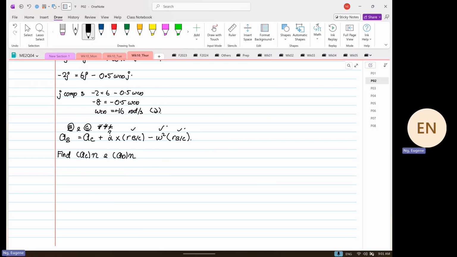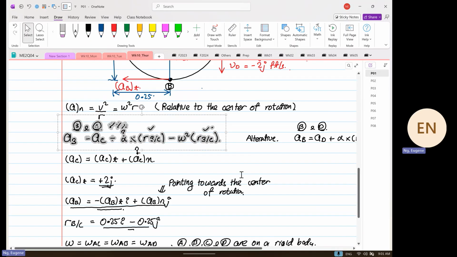Okay, so ACN will be equal to our ADN, and this will be equal to omega squared r, right? So now let me copy the diagram across.